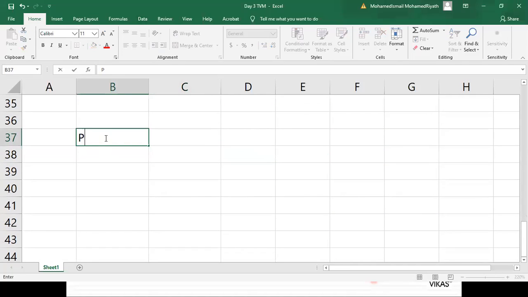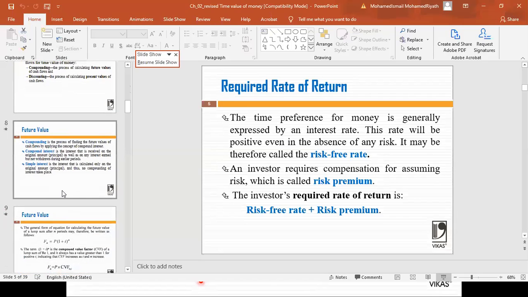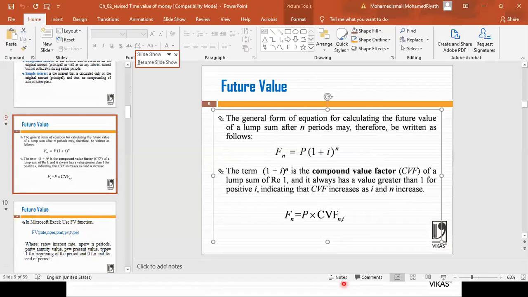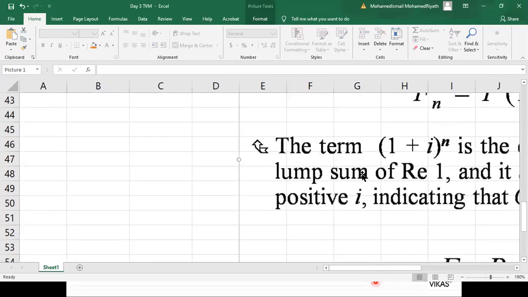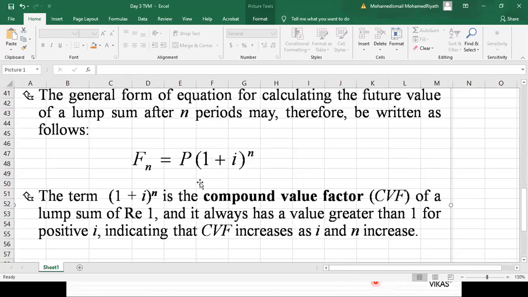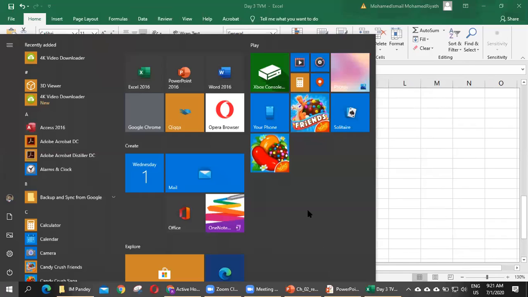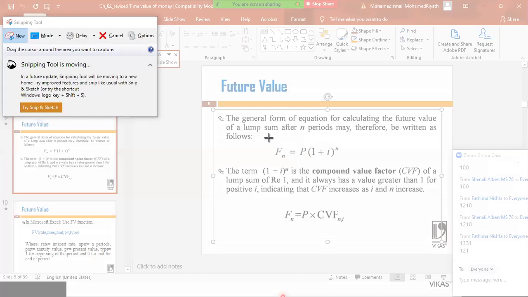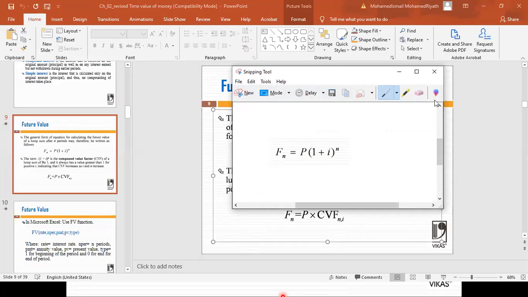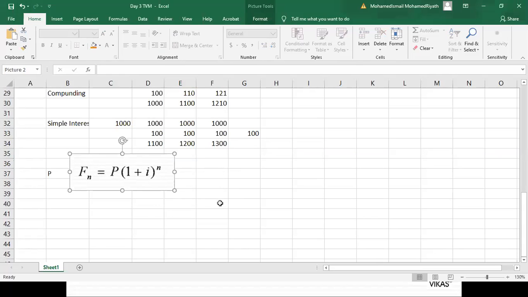Now in this example, principal amount P. Before that, I will copy the formula. Okay, this is your formula.